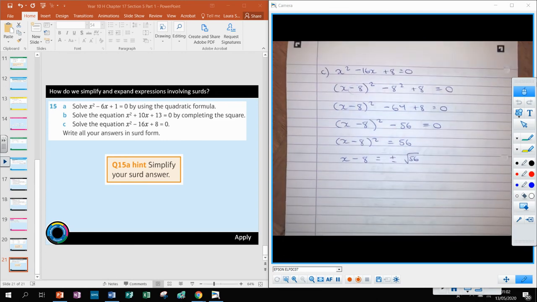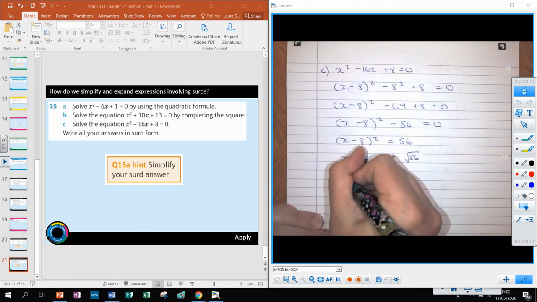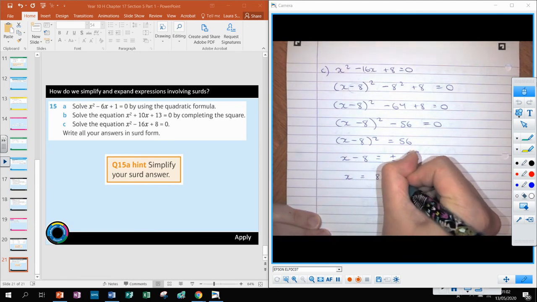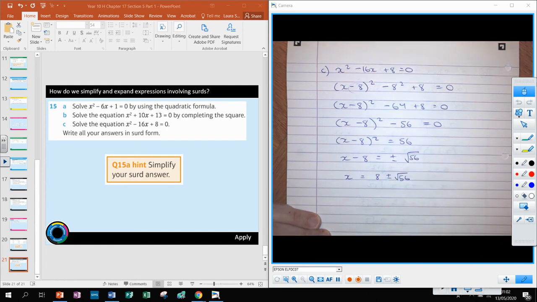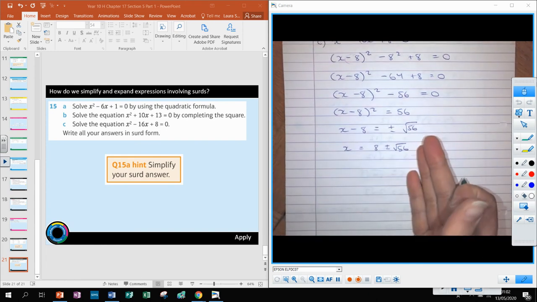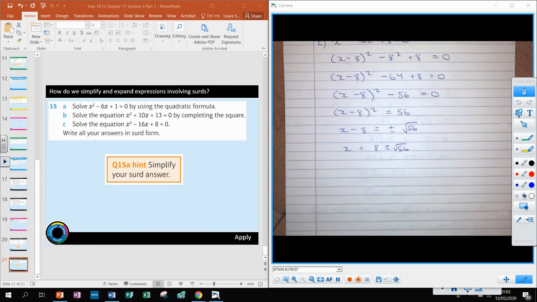At this stage we can now add the 8. So we get x is equal to 8 plus or minus root 56. Right, can I simplify a root 56? Well, let's have a think. I know I can take out a 4. Definitely, because I can do 8 times 7, so I could do 4 times 14.